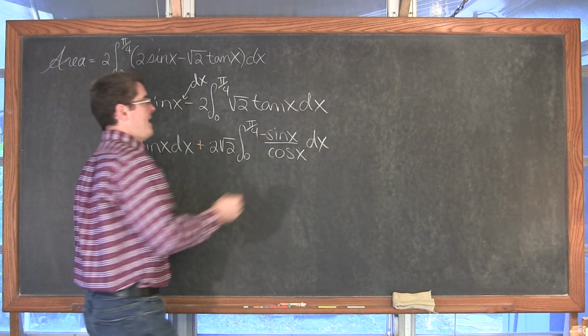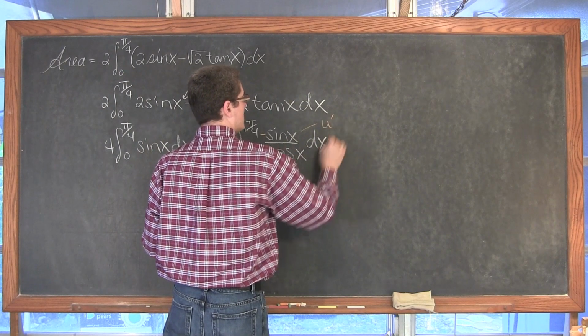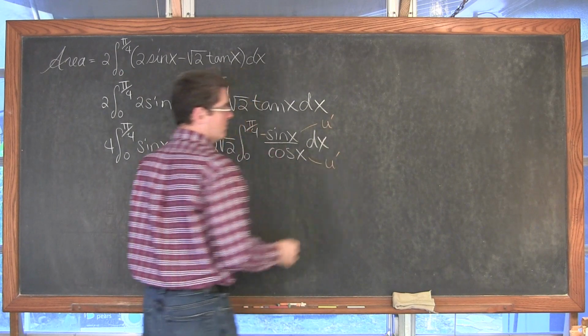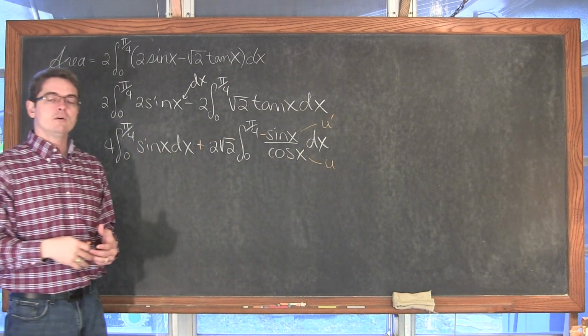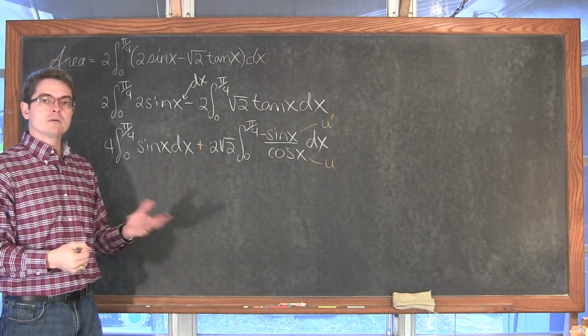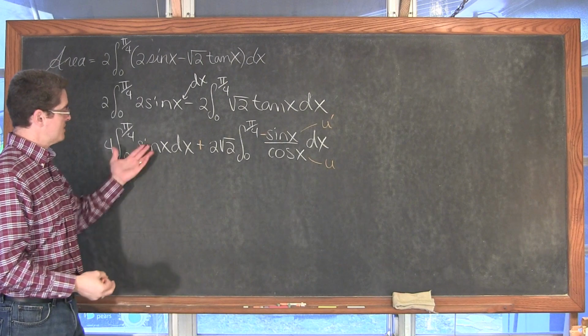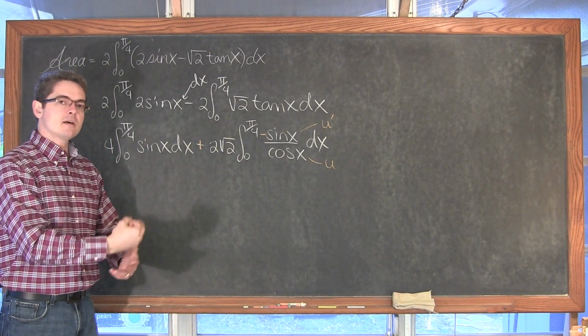And now we have the pattern of u prime over u, which the integral of u prime over u is some sort of natural log function. So at this point, hopefully, you're starting to see how to finish the problem up.